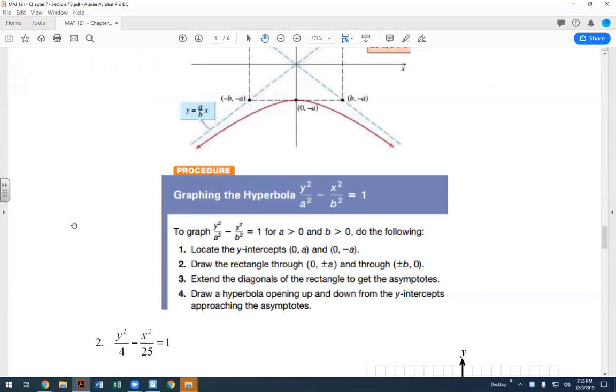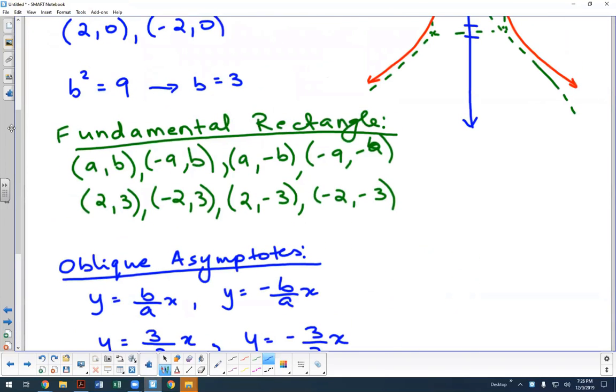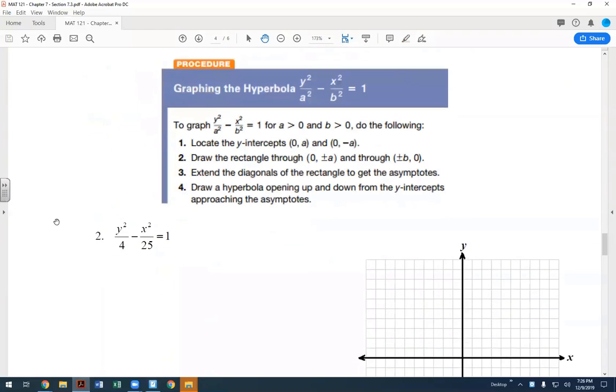But the other thing you should notice is these fundamental ordered pairs, or the fundamental rectangle, will also change. They will become b, a, positive and negative. So b, a, negative b, a, positive b, negative a, and then negative b, negative a. So basically just switch your ordered pairs.